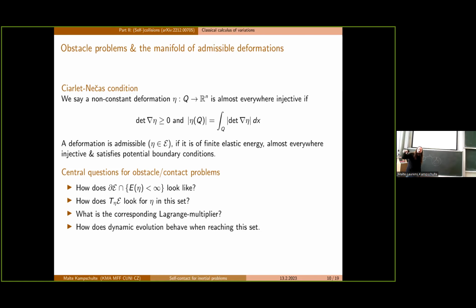This means I have no contact, I can deform a bit in every direction I want to. It's more or less the classic case. But then there's this boundary set where some directions exist where if I deform in that direction, I get some overlap. I violate the Nečas condition.